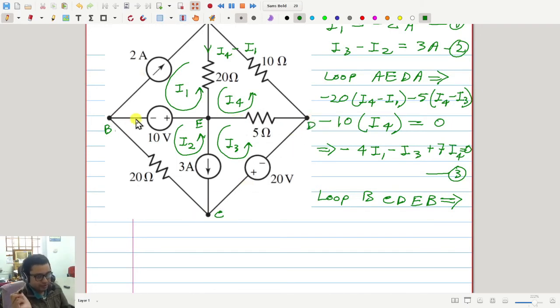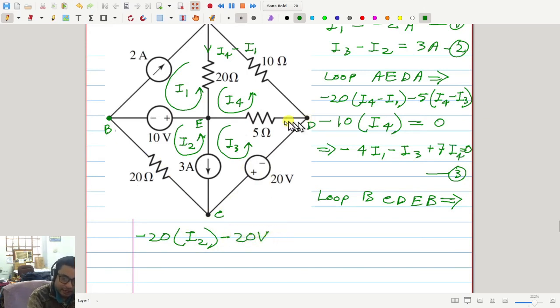Okay, sir, understood. So now if I write the equation, say starting from node B, there is a voltage drop across this 20 ohm. So minus 20 multiplied by I2. Then there is another voltage drop because of this 20 volt voltage source. So minus 20 volt.